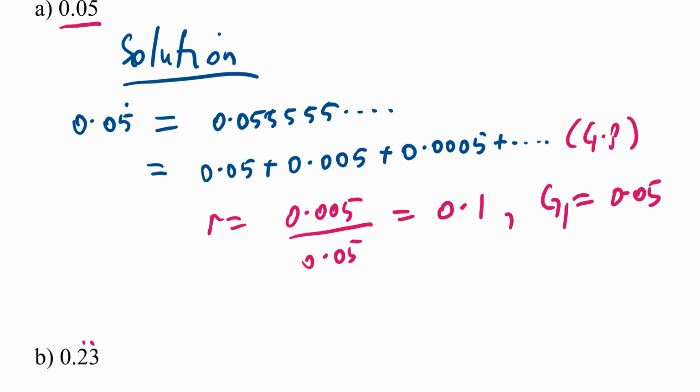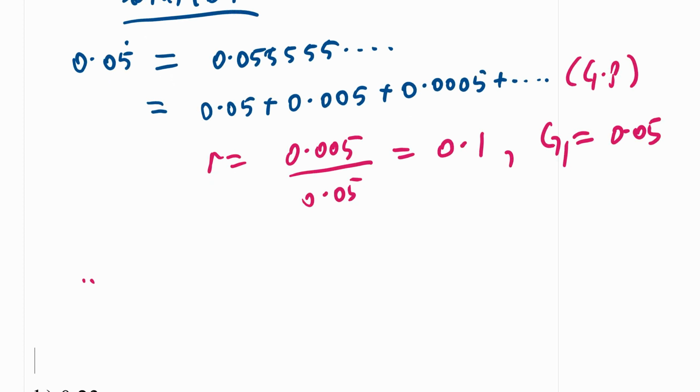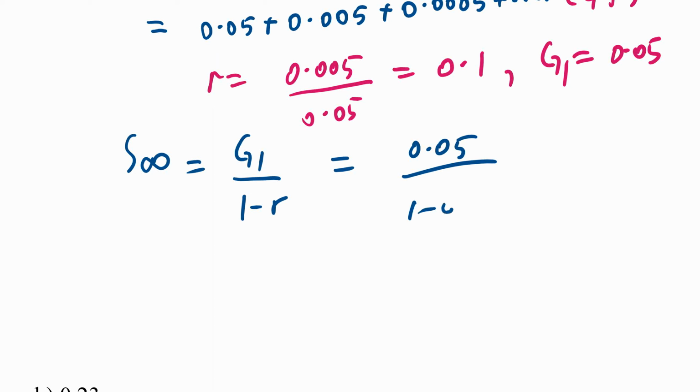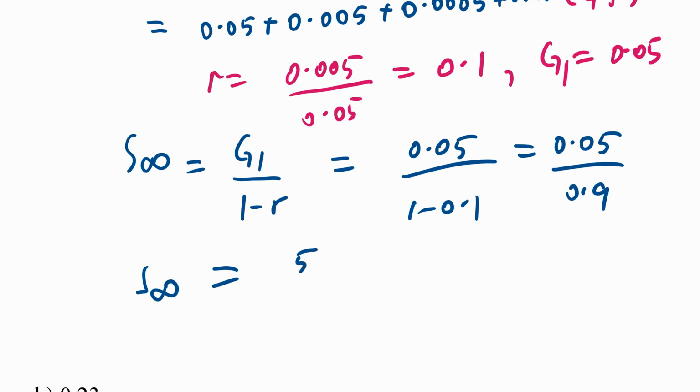So we are going to find the sum to infinity of this series using g1 over 1 minus r, which equals 0.05 divided by 1 minus 0.1, so 0.05 over 0.9. So the sum to infinity, dear students, will be 5 over 90.